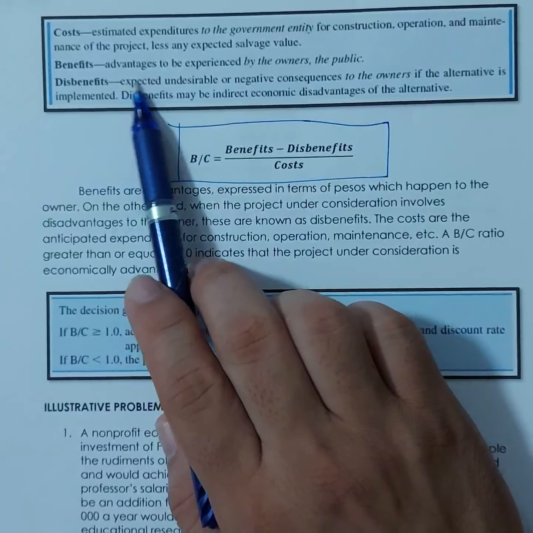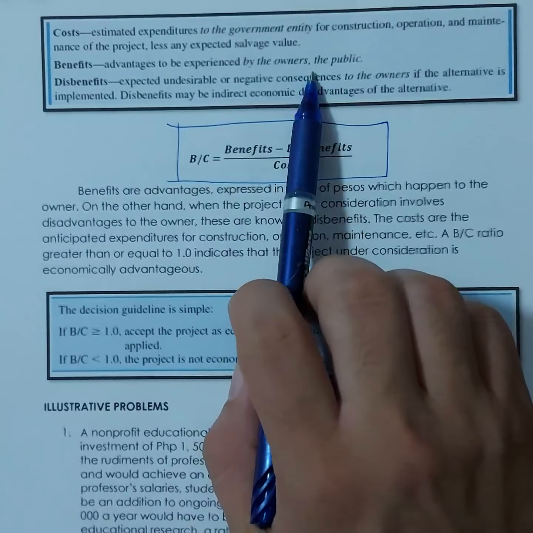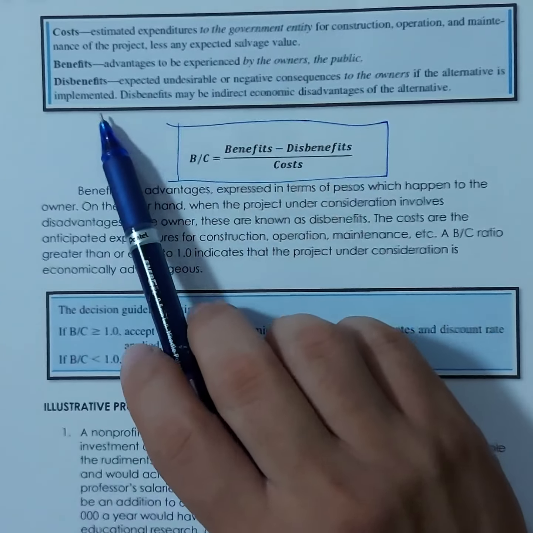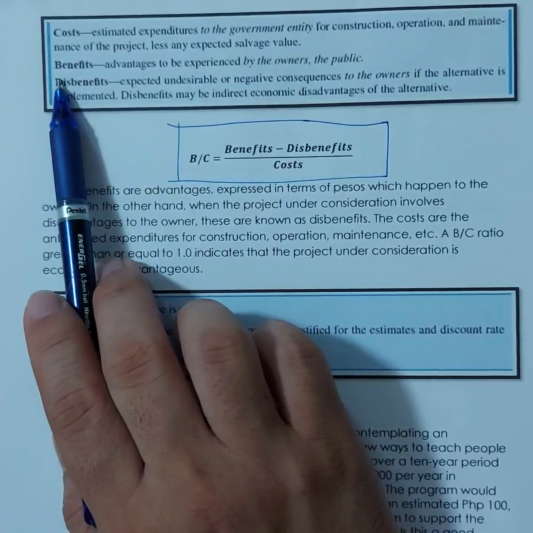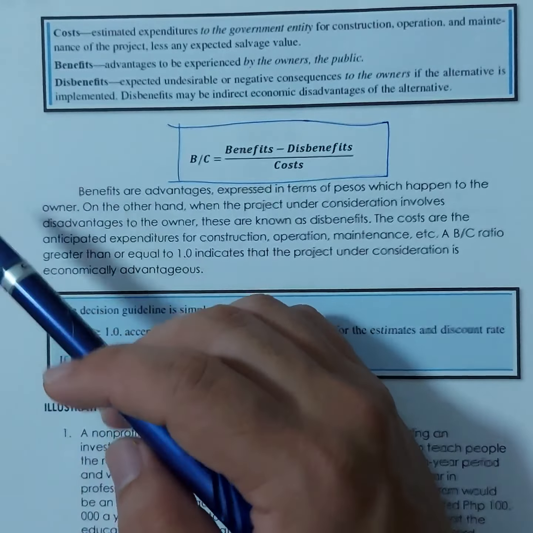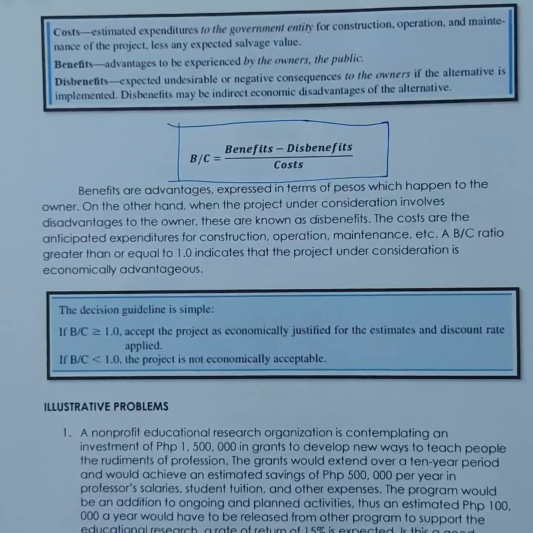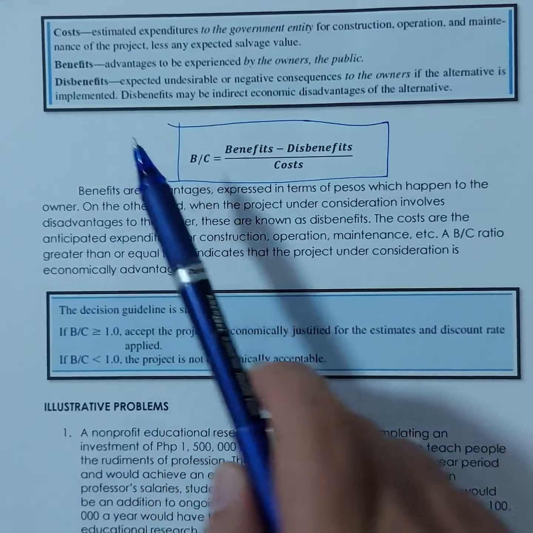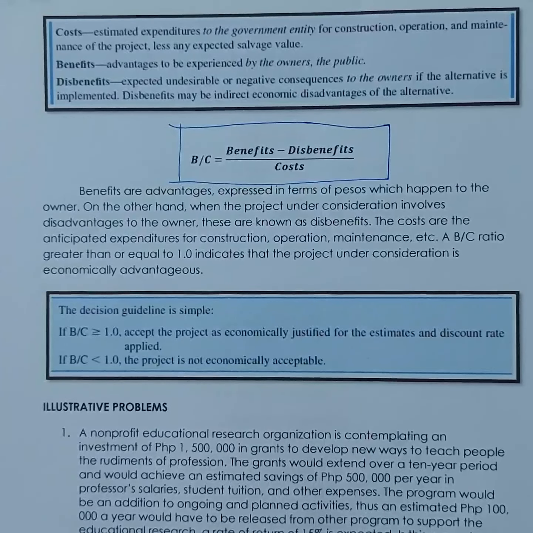So benefits would be advantages to be experienced by the owners, which is usually the public, kapag government project yan. So ito yung medyo mahirap, sometimes mahirap i-quantify yung benefits. Okay, because you have to quantify, convert it to a certain amount in pesos or dollars, depende kung anong monetary unit ang gagamitin natin. Okay, so you have to quantify it, no? So yung mga benefits.